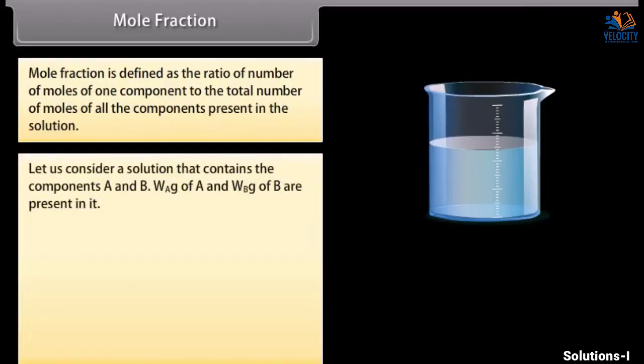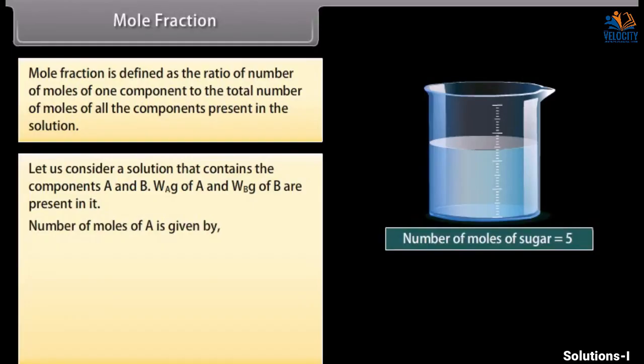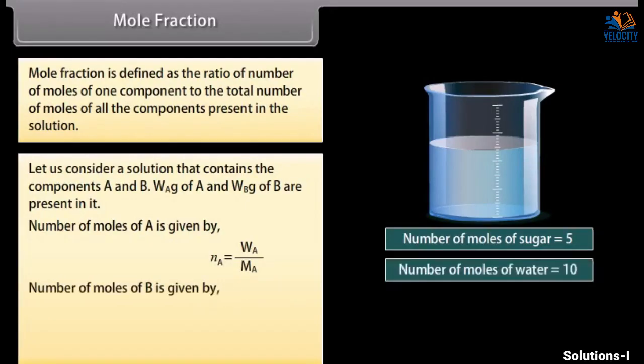Let us consider a solution that contains the components A and B. Wa g of A and Wb g of B are present in it. Number of moles of A is given by Wa upon Ma. Number of moles of B is given by Wb upon Mb.